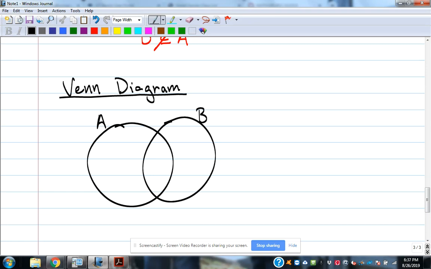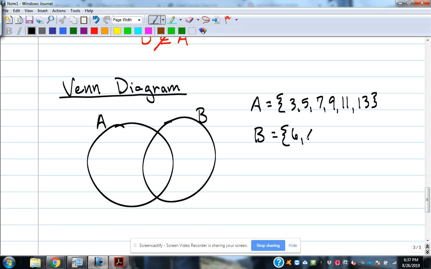All right. So if we've got a couple of sets, set A: 3, 5, 7, 9, 11, and 13. And set B: 6, 8, 10, 11, 13, and 14. And we're going to put that into this Venn diagram.